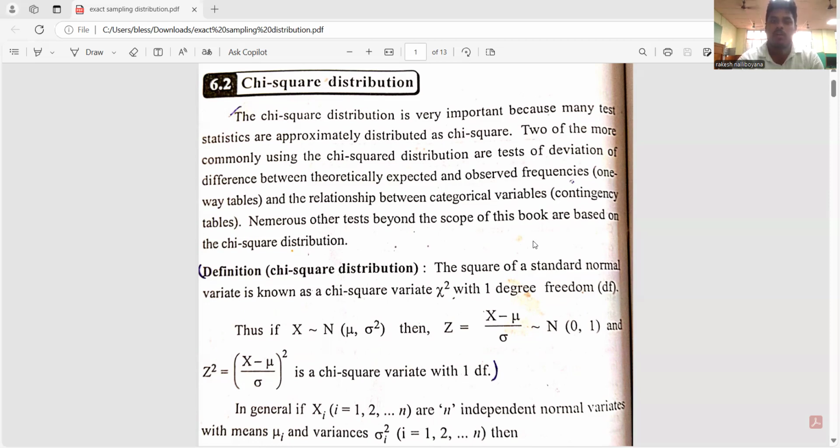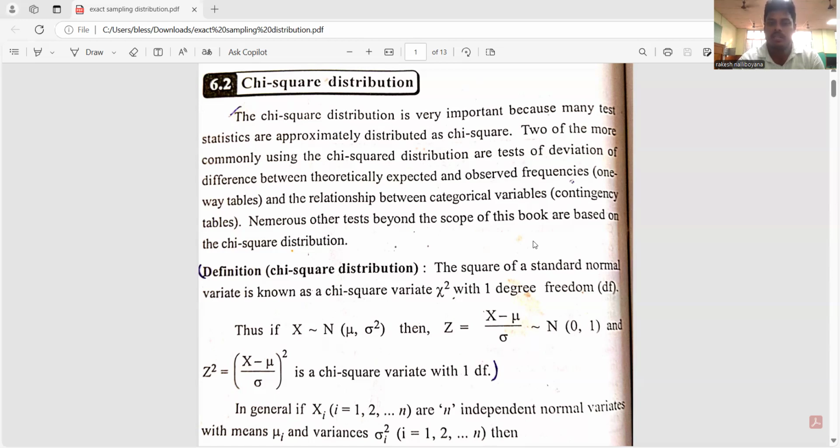Whenever we want to check the association between categorical variables, we use the chi-square test. It is a very important topic, especially whenever our data is qualitative.